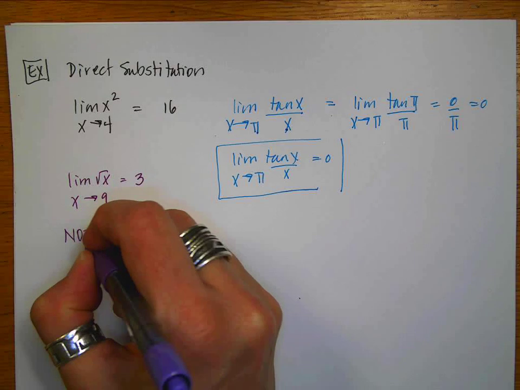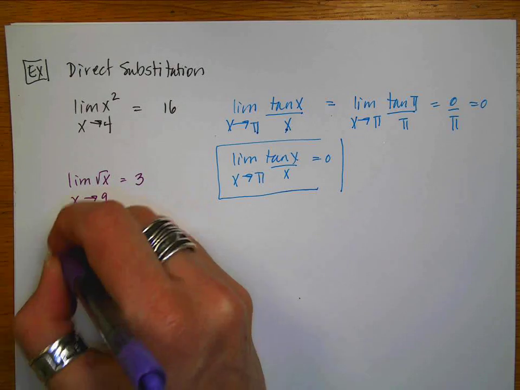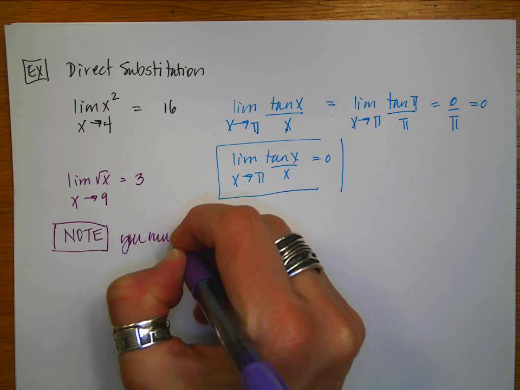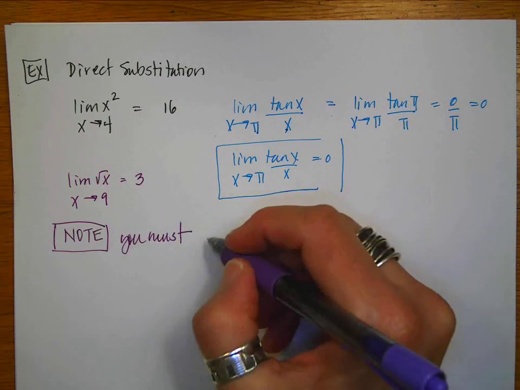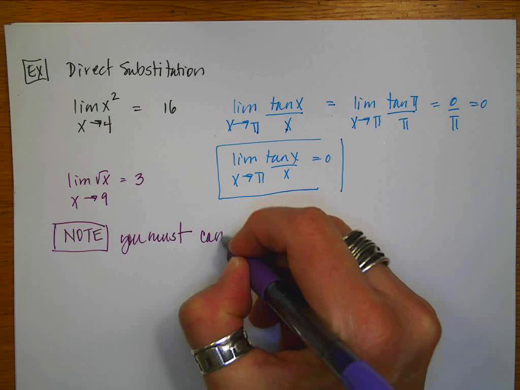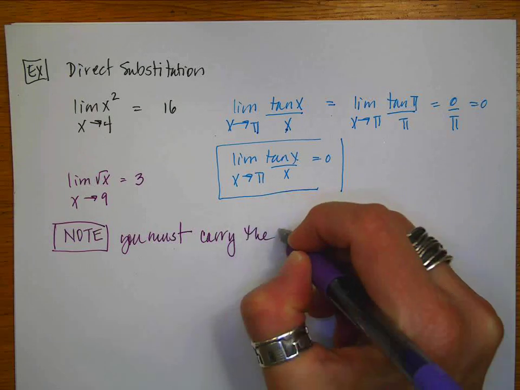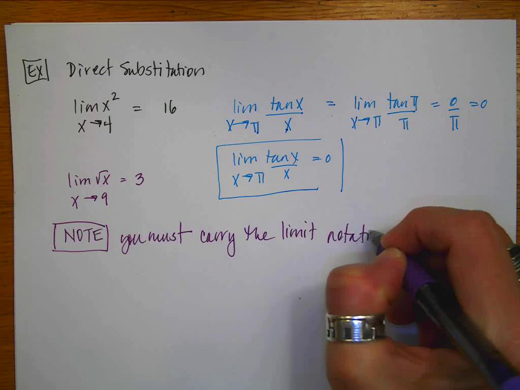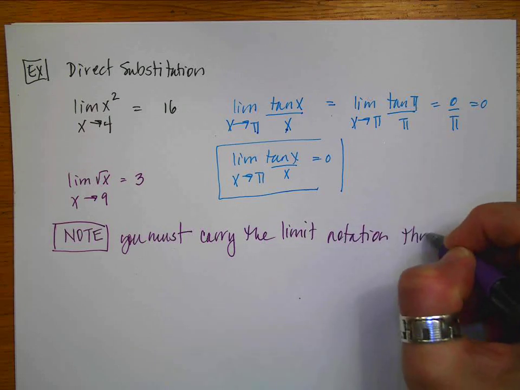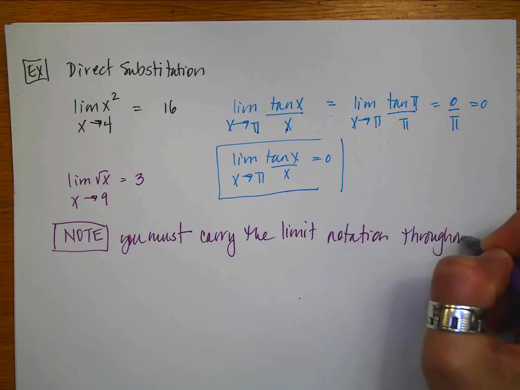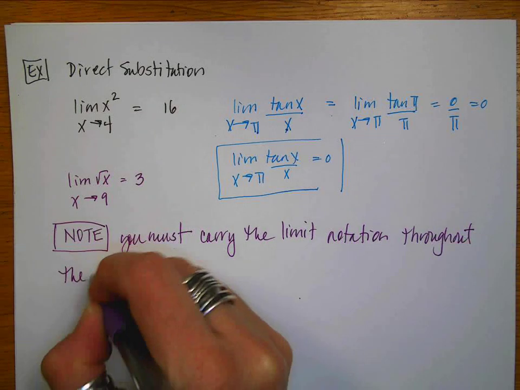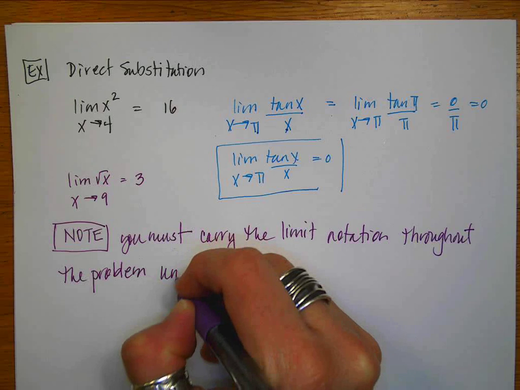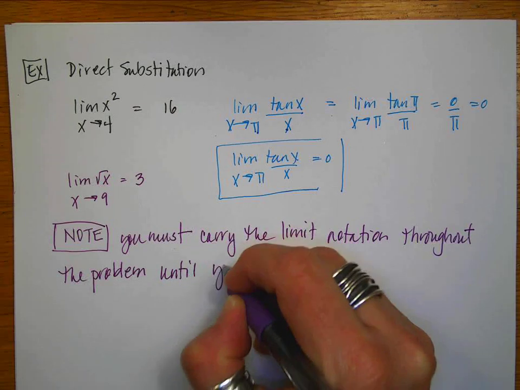This is one of those, you must do this at all times. So I'm going to put note, you must carry, and this is coming from the AP College Board, carry the limit notation throughout the problem until you do your direct substitution.